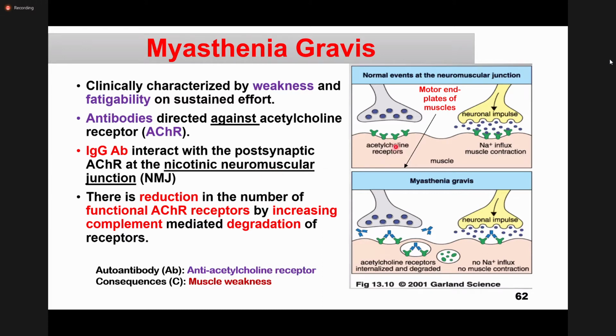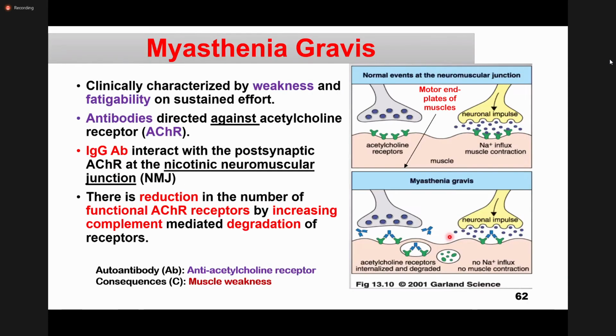You have the acetylcholine receptor, you have the acetylcholine here, it binds to this receptor, and then there's a flux, muscle contraction happening on the muscle, okay. And then in the myasthenia gravis, the autoantibodies bind to the receptor. As a result, there is no binding of acetylcholine, no sodium influx, no muscle contraction, okay?